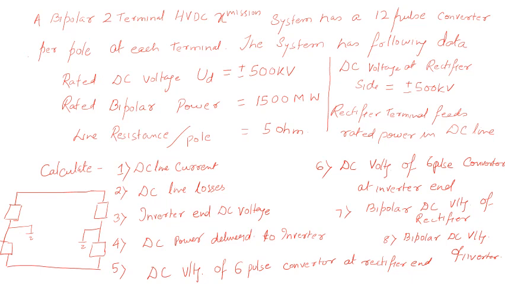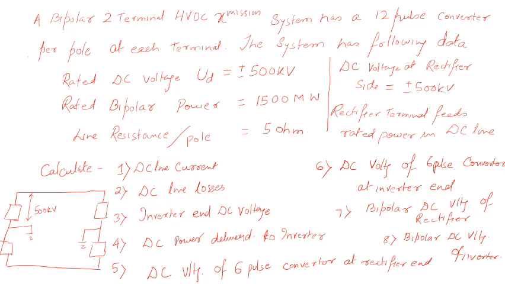So on the rectifier side the voltage is 500 kV, plus 500 kV. You can expect the down part will be the negative 500. Okay, so this is our 500 kV, and then rated bipolar power.